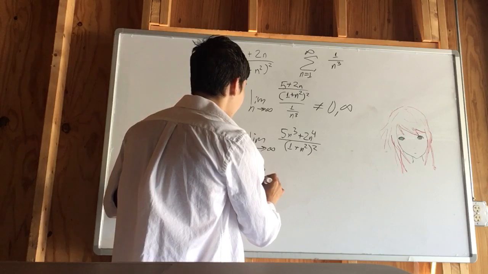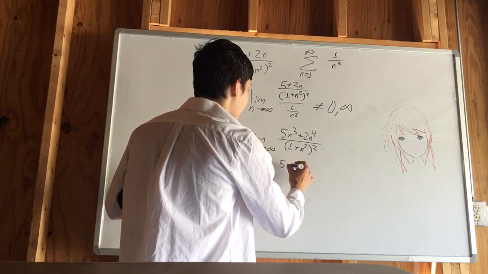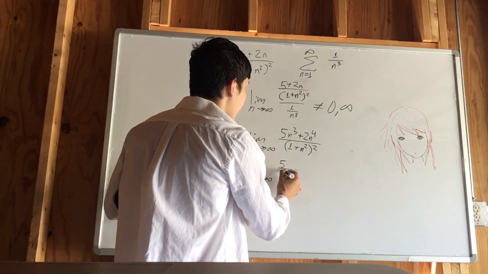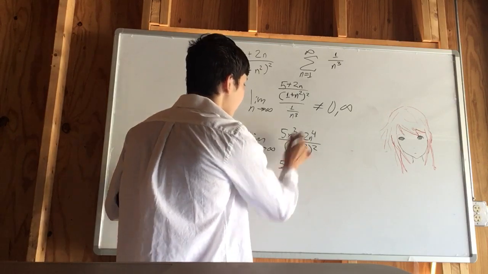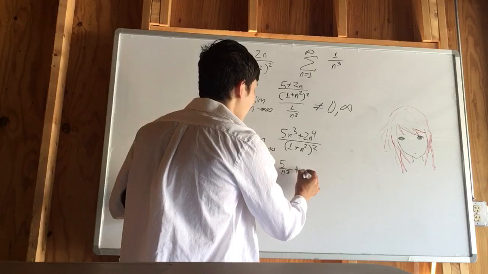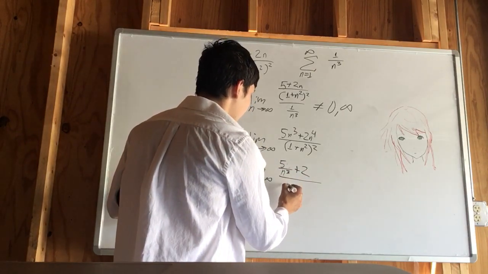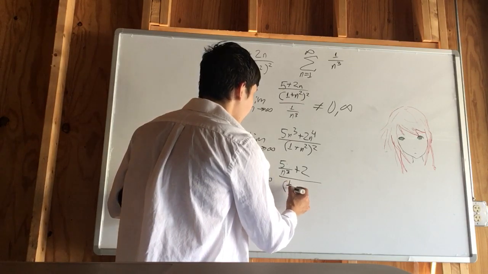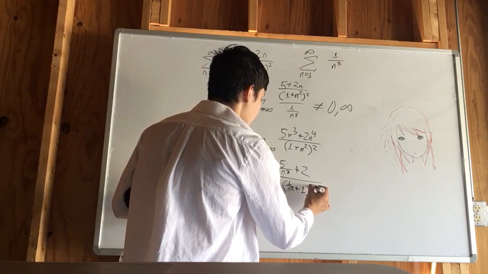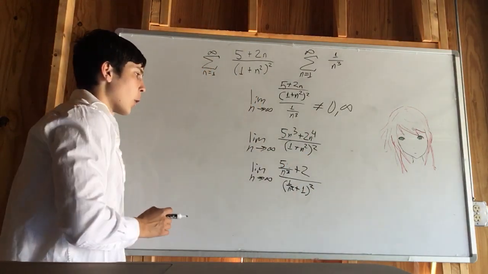So this would be 5 over n, we already know that's going to go away, plus 2, because we're dividing by n to the 4th. And over here, we would get (1 over n squared plus 1) squared, once we divide by n to the power of 4.